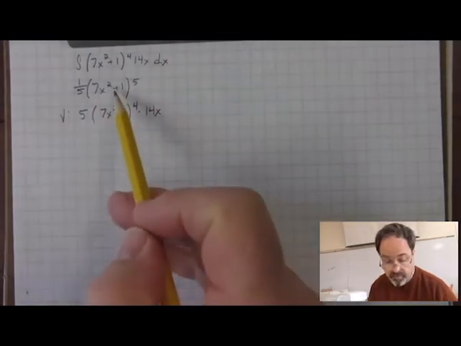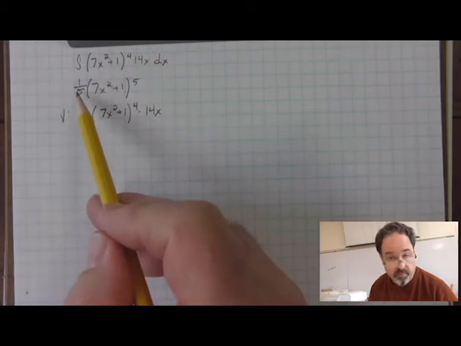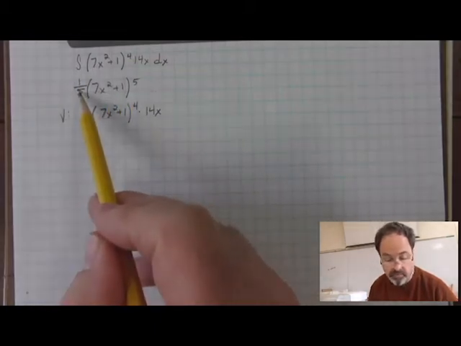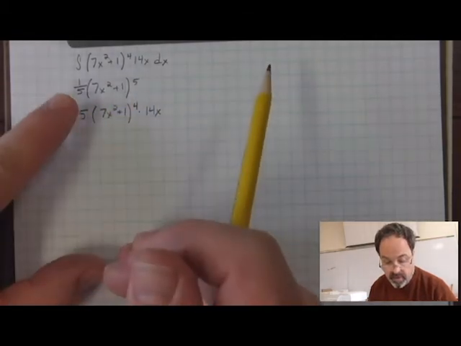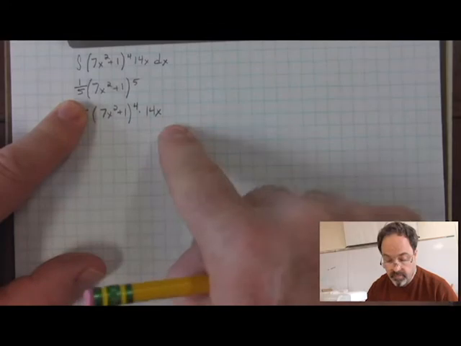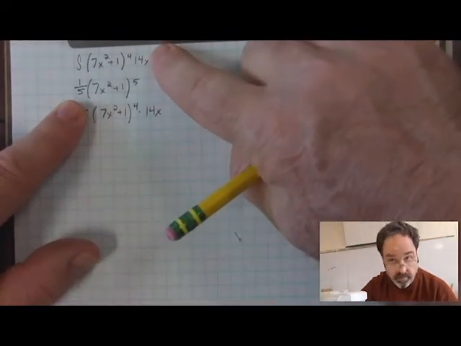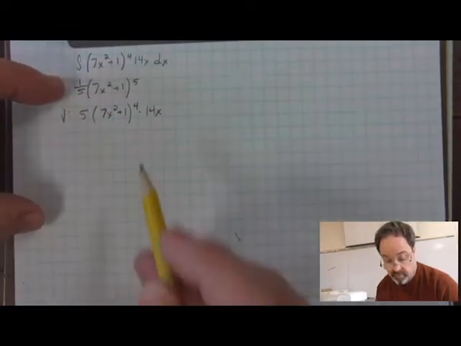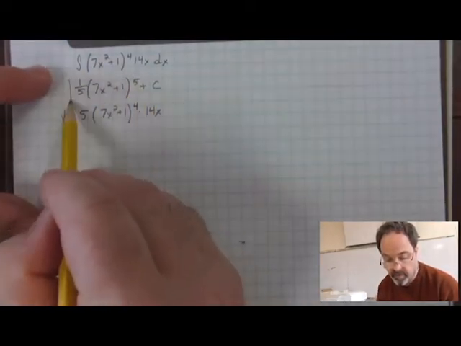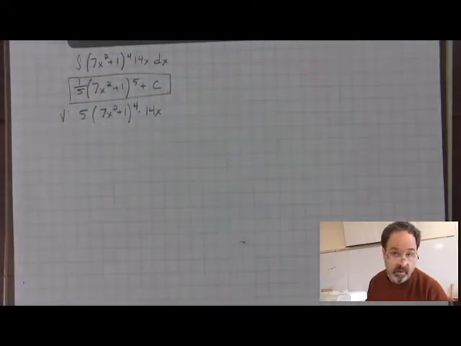If I checked this, the 5 that would come out in front using the power rule for a derivative would cancel out the 1/5 that I placed there and disappear from my check. So it recreated the original expression that I wanted to integrate. This guess now has been modified and is correct because it checks, so I'll add the plus c for the constant of integration, and I have found my antiderivative.